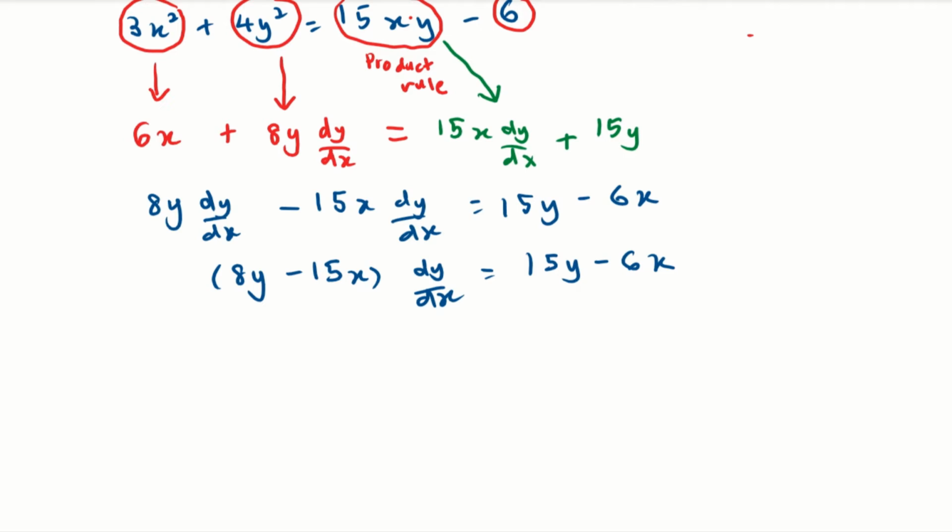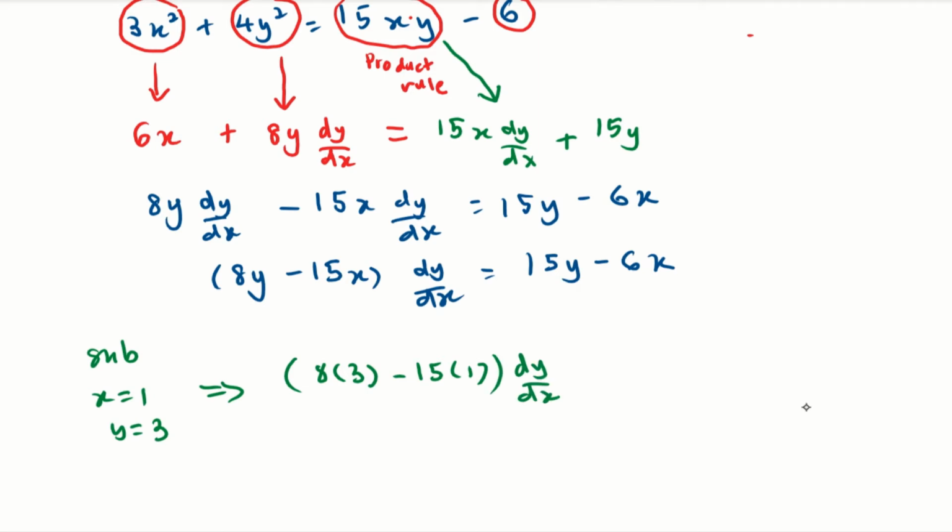Okay. So jadi sekarang kita boleh sub x equals to 1, y is equal to 3. So then 8 times 3 minus 15 times 1 dy dx equals to 15 times 3 minus 6 times 1. So then we get 24 minus 15.